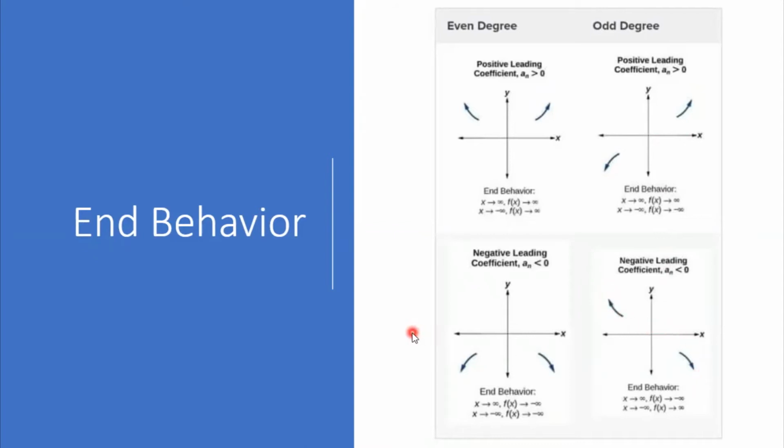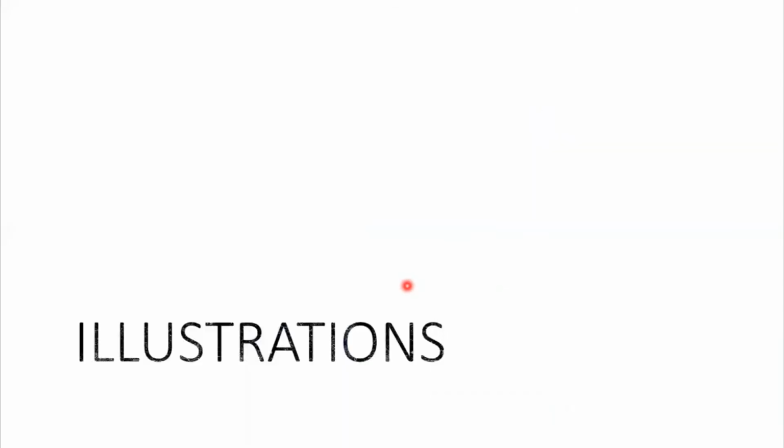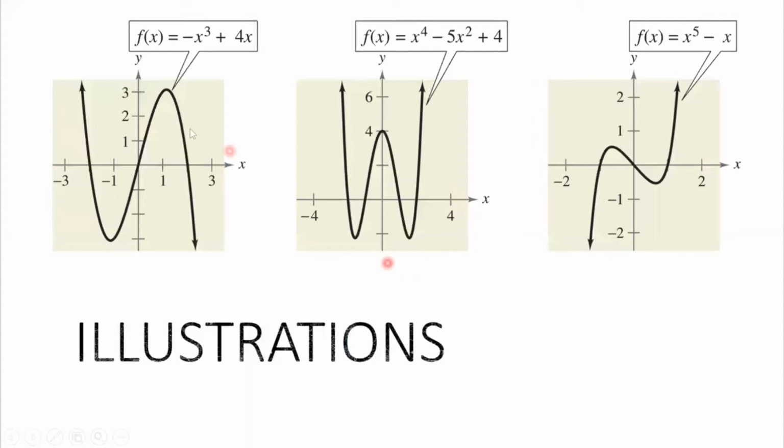So those are the mnemonic devices that we can use in order to remember the end behavior of the graph of a polynomial function. So for us to understand more on the concept, we have here examples.